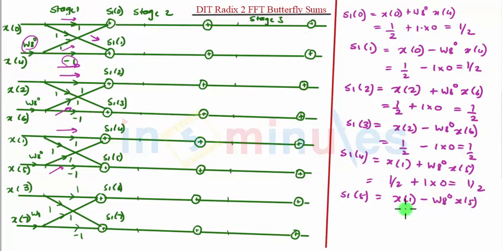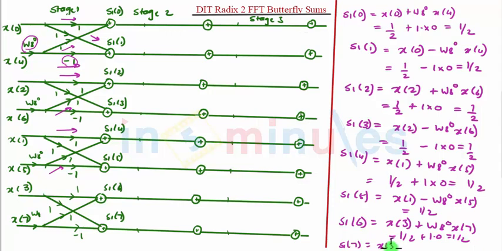Again we get the value as half. Similarly for S1 of 6, the equation is x of 3 plus W8 raised to 0 x of 7, that is half plus 1 into 0, which is again half. And for S1 of 7, the equation is x of 3 minus W8 raised to 0 x of 7. And again the value is 1/2. Thus we complete the first stage of computation.